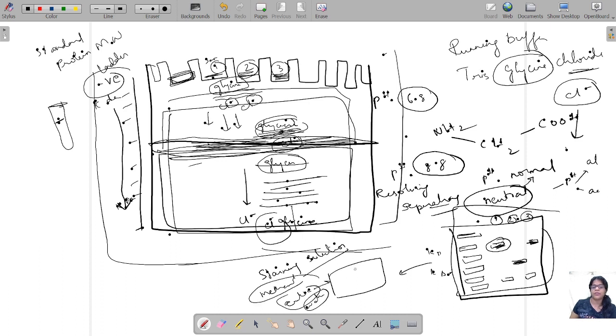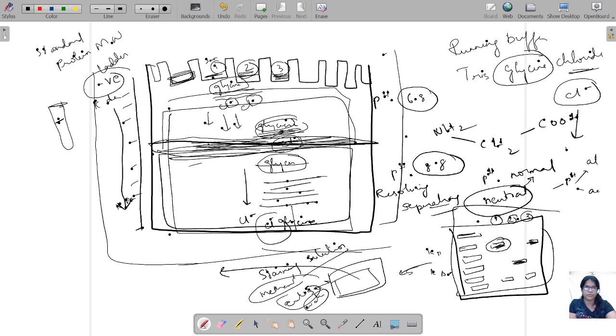So the whole gel has to be placed in the staining solution. Make sure it is completely immersed in it, and it should be placed in a shaker for 1 hour at room temperature. Due to this, the bands would be visualized. Then after that, you have to destain the gel by placing it in a destaining solution.